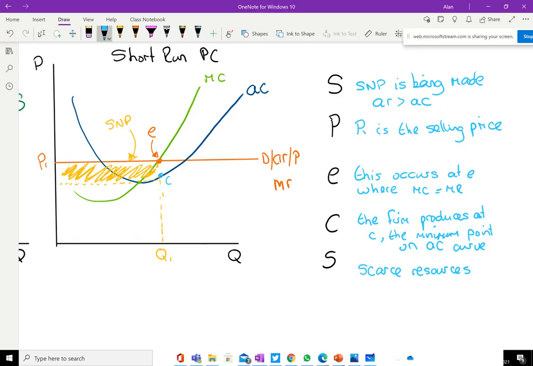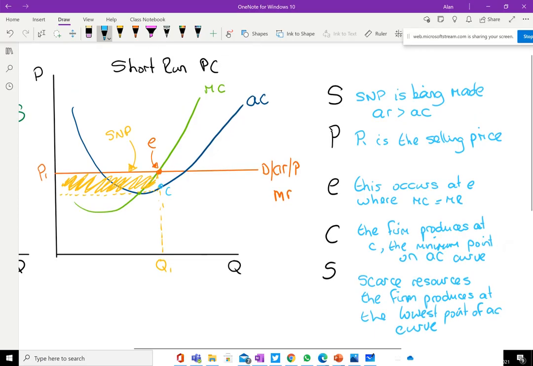So scarce resources, what we're talking about here is the firm produces at the lowest point of the AC curve. And we need to state that in our answer.